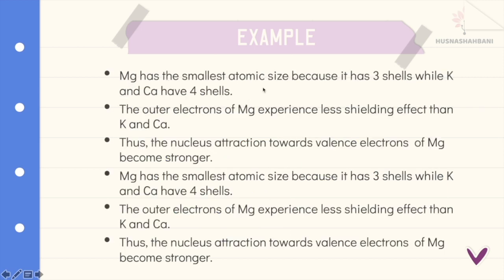Magnesium has the smallest atomic size because it has 3 shells, while potassium and calcium have 4 shells. The outer electrons of magnesium experience less shielding effect than potassium and calcium.